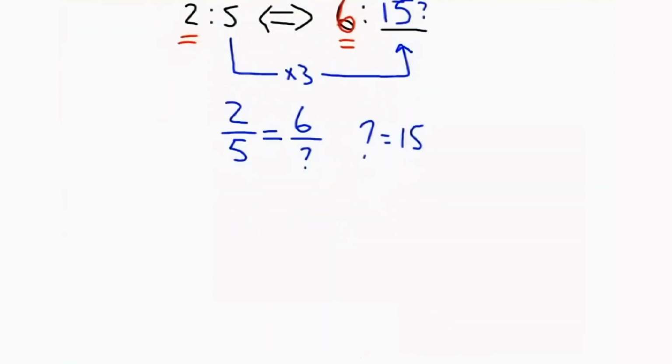Another way of looking at that is that 2/5 is equal to 6 over 15. Those are equivalent fractions, because when we multiply the numerator by 3, we get 6, and multiplying the denominator by 3, we get 15. So that gives you an introduction to ratios.